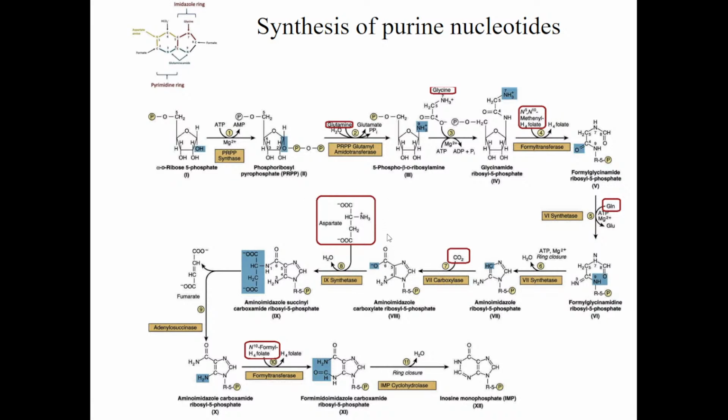association with aspartate, and aspartate is transformed to fumarate, like in the urea cycle, and a derivative with succinate appears, very similar to the urea cycle. Again formylation, again the precursor is glycine, formyl group, and creation of a cyclic form with forming of inosine monophosphate.